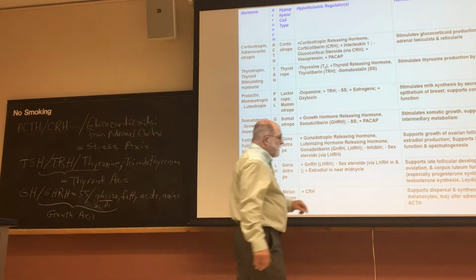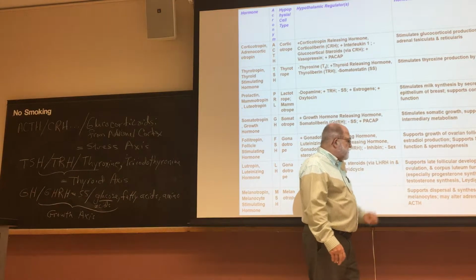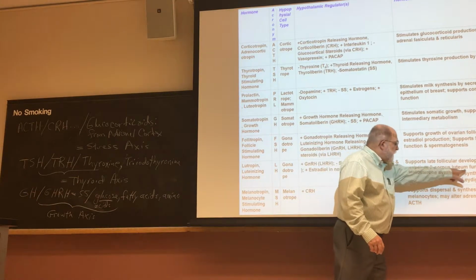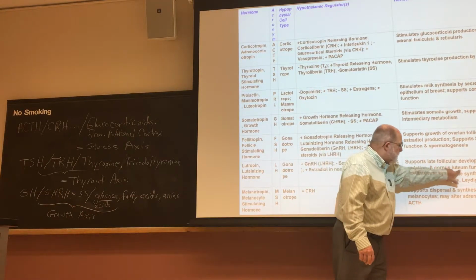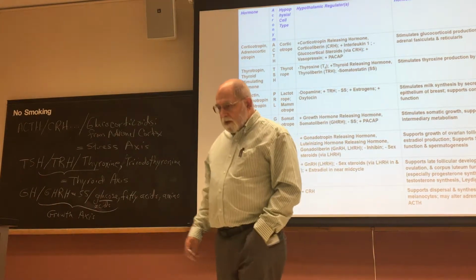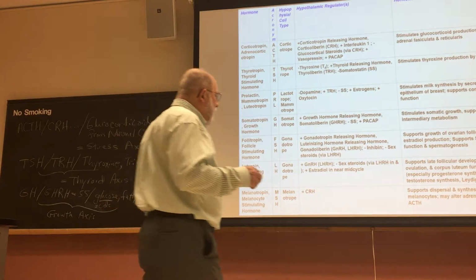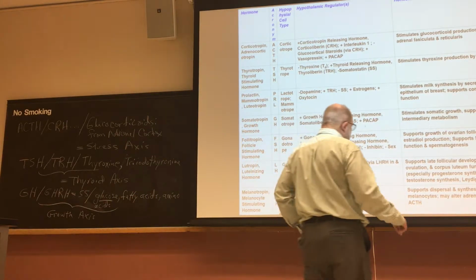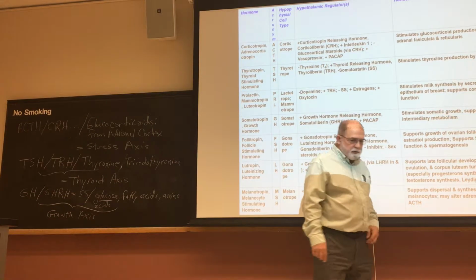Luteinizing hormone supports late follicle development, ovulation, and this temporary organ that forms from the follicle after ovulation is called the corpus luteum. The corpus luteum is normally a storehouse and production site for progesterone. It's the main site for progesterone in mammals.